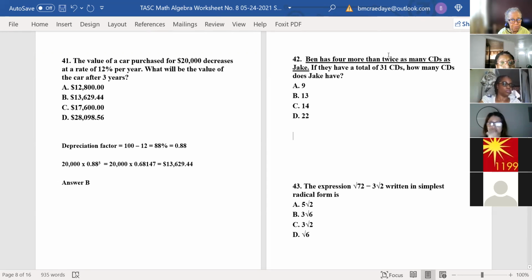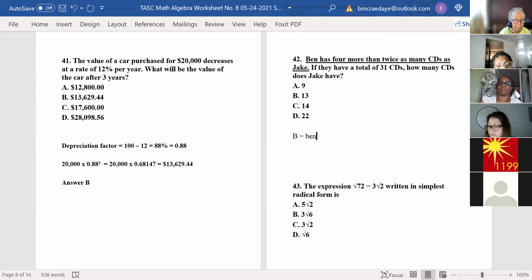Ben has 4 more than twice as many CDs as Jay. I don't know, I just figured it out. But how did you write this as the math? I just read it, I pick an answer.